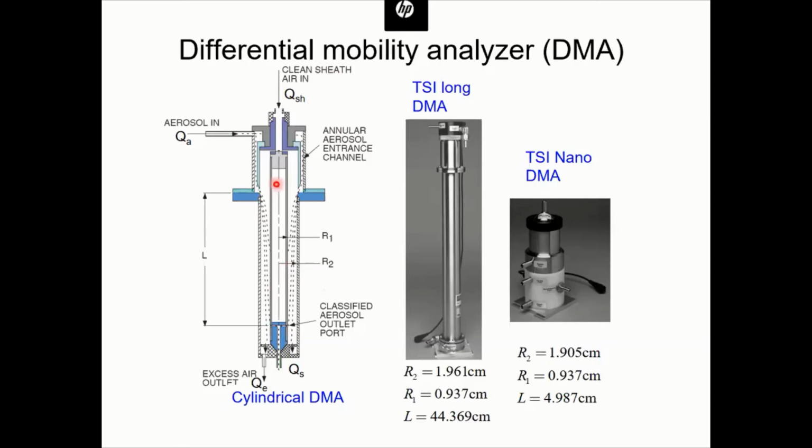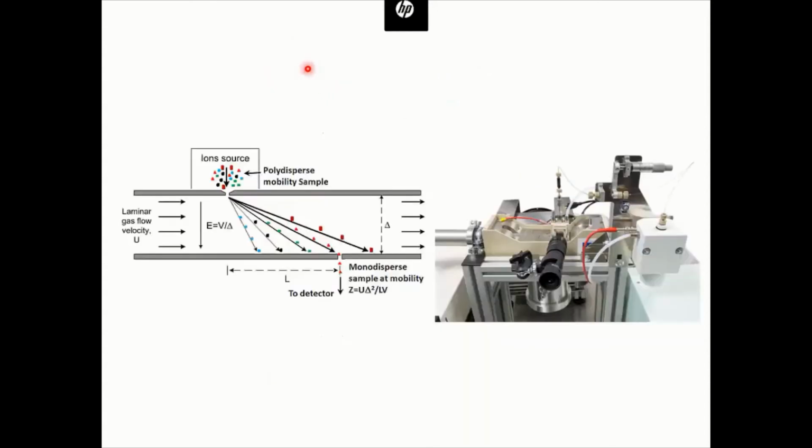So what people do is make two cylinders: a center rod and an outer rod. It uses the same concept. We introduce a clean sheath flow, the clean air we talked about earlier.